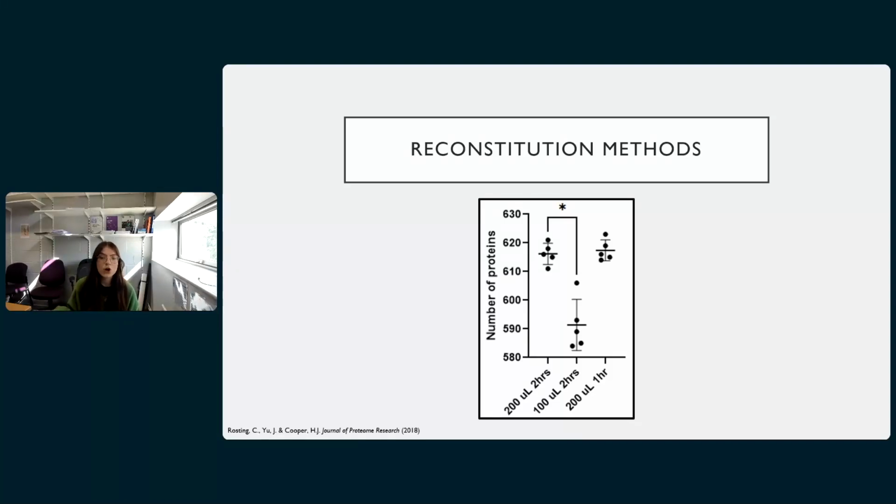I decided to alter this a bit, so reducing the reconstitution volume down to 100 microliters and incubating that for 2 hours, and then keeping the 200 microliters but only incubating it for an hour. Now, as you can see from the graph, halving the volume of reconstitution media significantly reduced the number of proteins identified and increased the level of variation between the samples. So I scrapped that one, we're keeping 200 microliters.